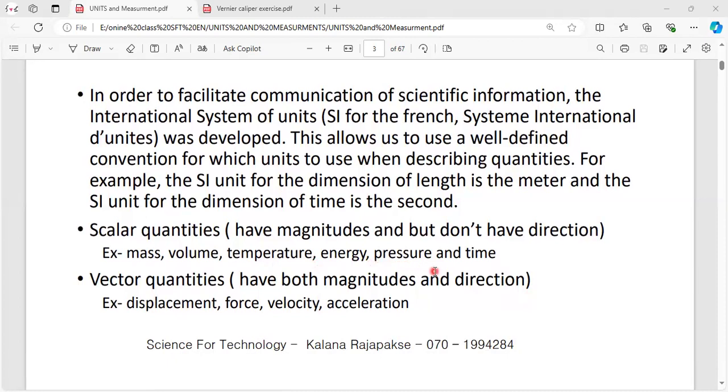However, you can compare it with the vector quantities. They have both the magnitude as well as a specific direction. For example, displacement, force, velocity, and acceleration. You might have learned these things in your O levels, that vector quantities have a specific direction, right?